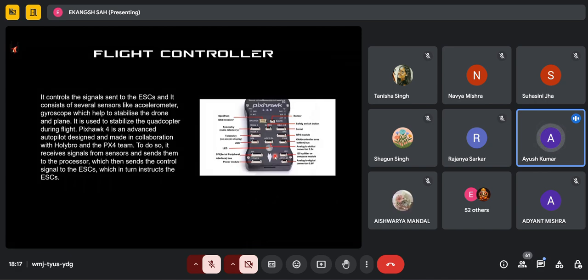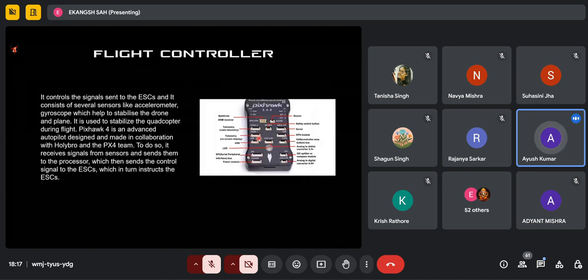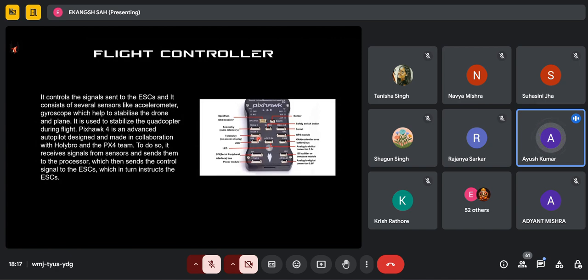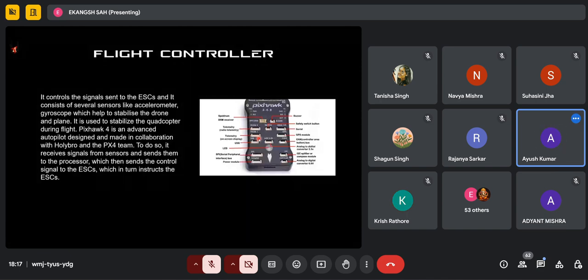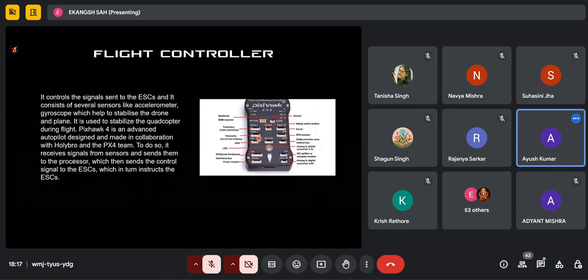Then there is telemetry on-screen display. In the ground control station, there is a monitor displaying every data, telemetry data, whether it's battery status or, if the camera is integrated, camera visuals for surveillance purposes. Then there is a Spektrum DSM receiver. It receives the inputs from the Spektrum DSM transmitter. Next slide.